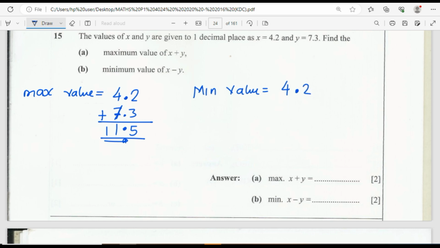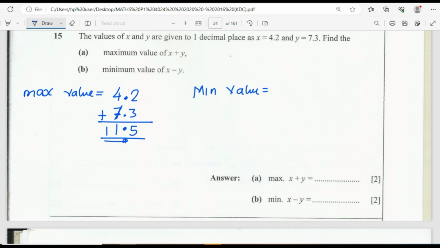minus 7.3. So how can we subtract these numbers? We just have to use the mathematics where we say different signs, you subtract and get the sign from the bigger number. If we begin by putting 4.2 on top, this will not work out, so let's just do the reverse.